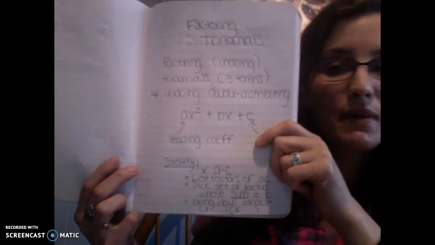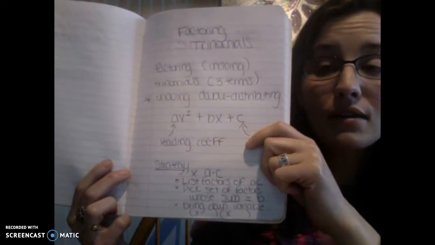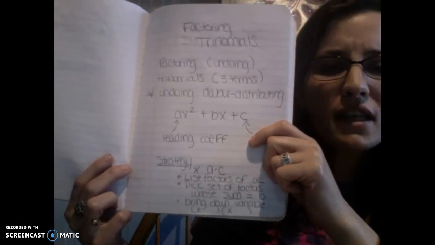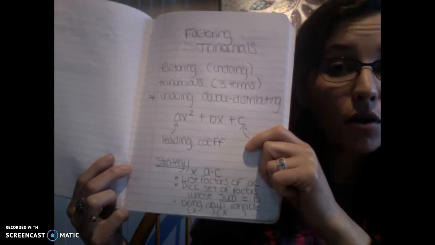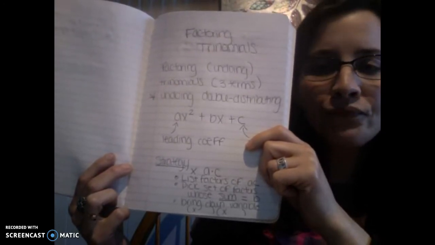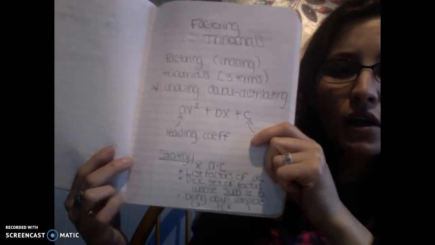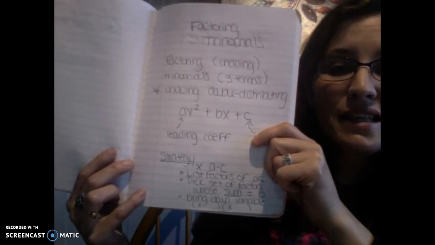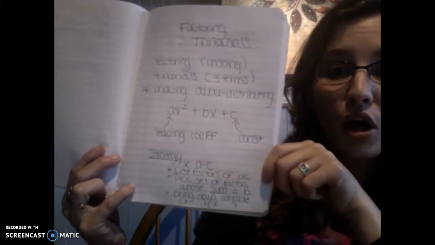So right away, I want to go ahead and give you your strategy. Then we're going to do some examples, and you can go back, rewatch this, and utilize the strategies. The first thing you want to do is multiply your A and your C, your leading coefficient and your constant, and you get a product. From there, you're going to list the factors of the product AC.